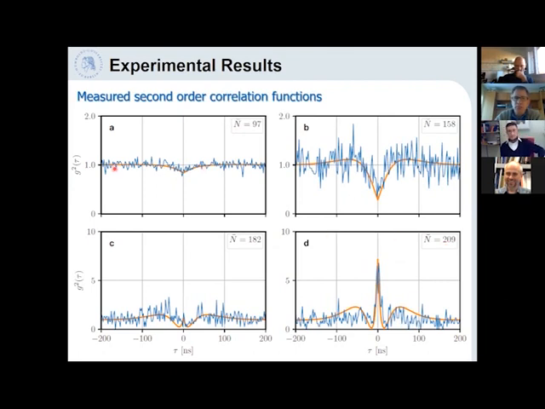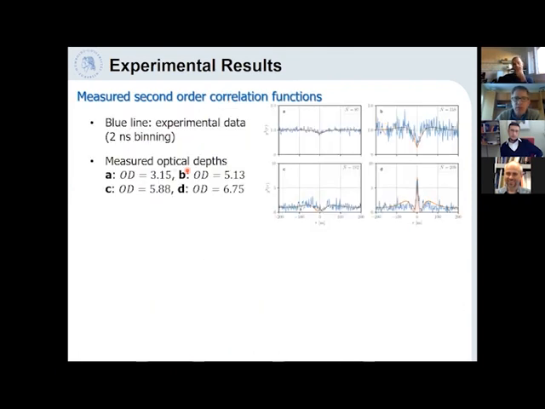The blue line is the experimental data, and the red line is the theory prediction. And the numbers of atoms that I show you here, from 100 to 200, correspond to optical depths ranging from about 3 for this measurement to about 7 here.